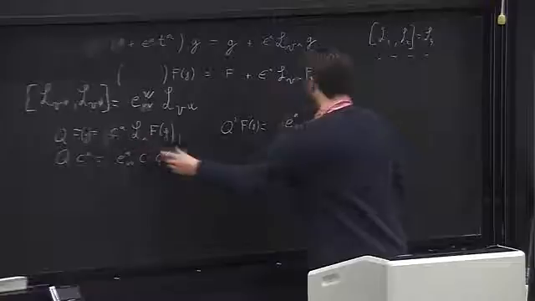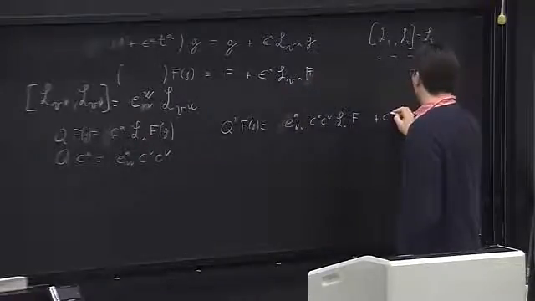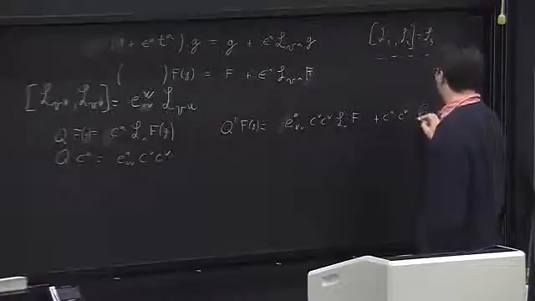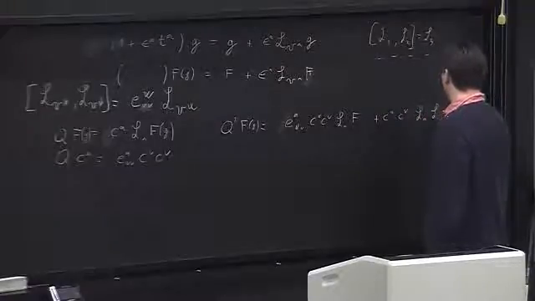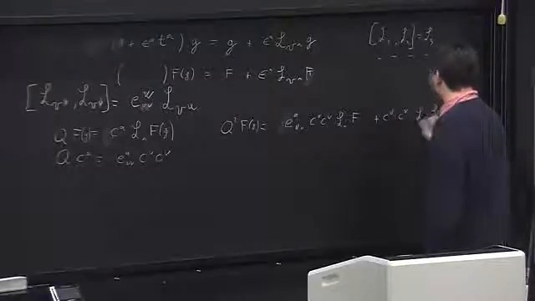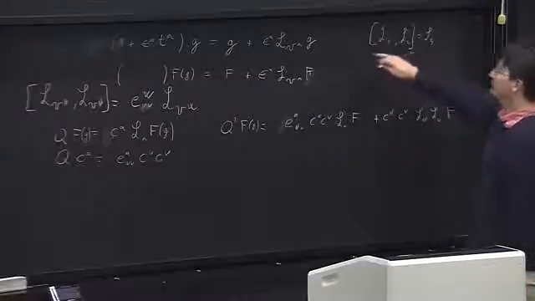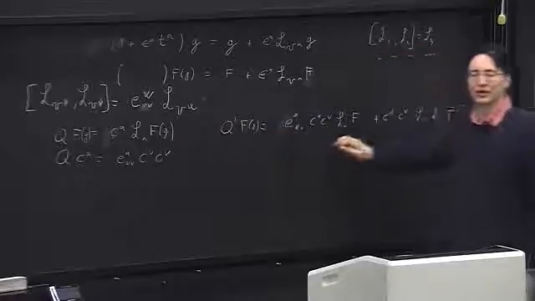If I act on this, I get c^a c^v, Lie derivative a v of f. We just call this u. Doesn't make a difference. So as long as this is true, these two terms can cancel out.